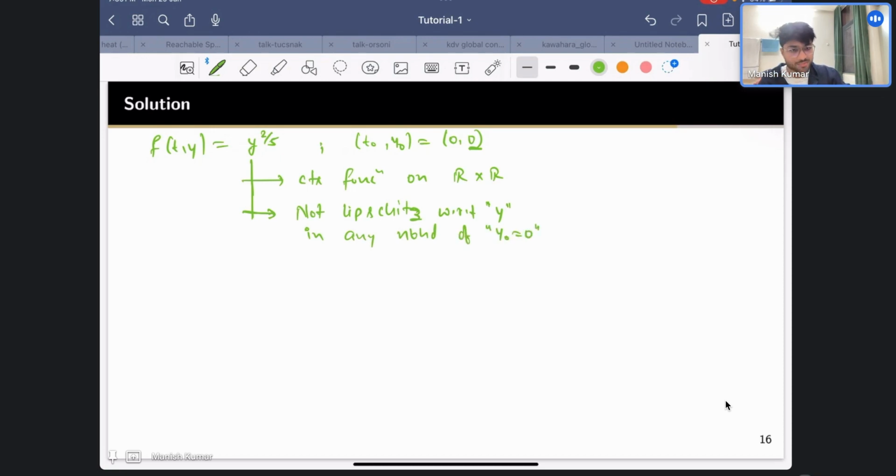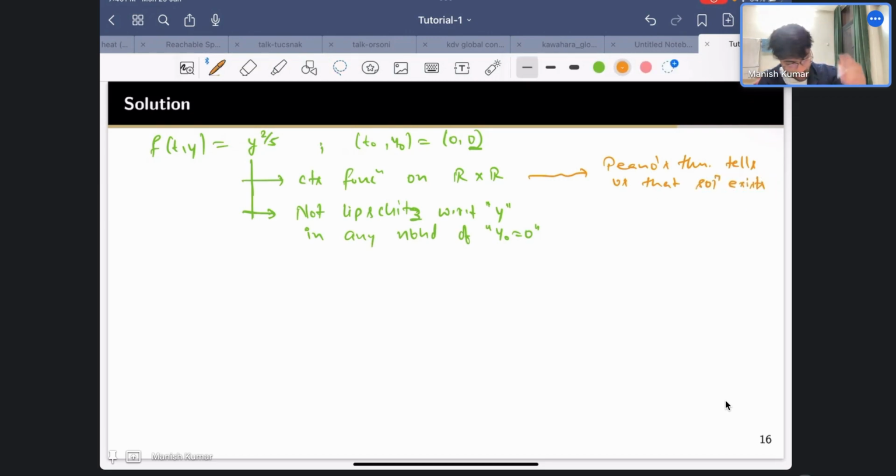So from here, Peano's theorem tells us that a solution exists. That's all we can say. We cannot say the uniqueness. Also, you cannot use that corollary as well.